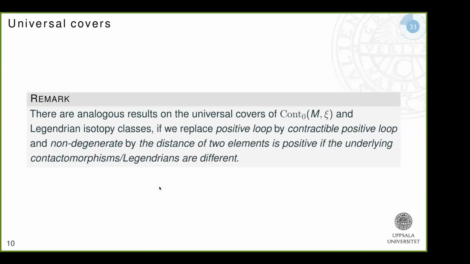Now I want to remark that because these energies or distances are defined by looking at energies of isotopies, we can also define analogous distances on the universal cover of either the contactomorphism group or the universal cover of a Legendrian isotopy class. Namely, we just keep track of the homotopy classes of paths. But in this case, we need to replace the positive loop by a contractible positive loop because we need to know the homotopy class.